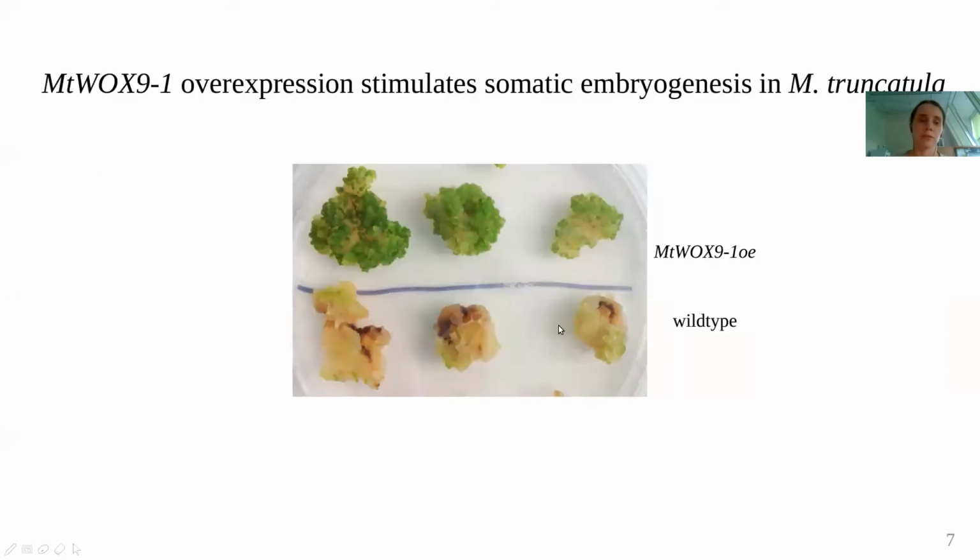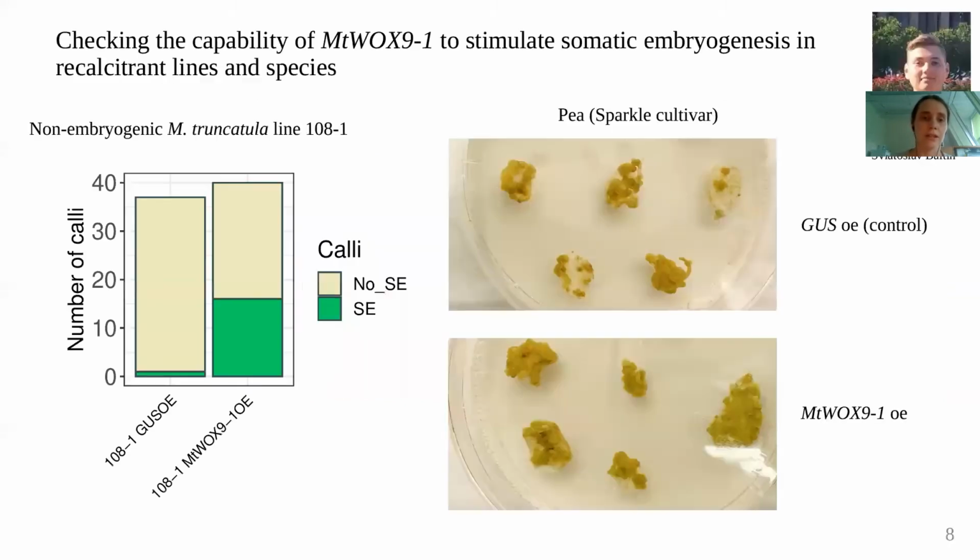This experiment was performed on the embryogenic line. Here you can see that the calli of this line have embryos, although not as many as in this condition, with this genotype. But Medicago truncatula also has a non-embryogenic line, for example 1081. Now we are checking the capability of VOX91 to stimulate somatic embryogenesis in lines and species which are not able to form somatic embryos.